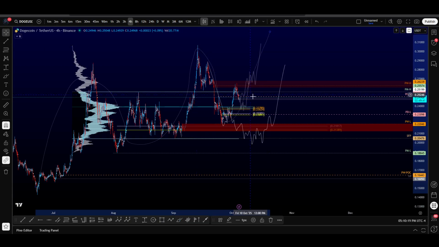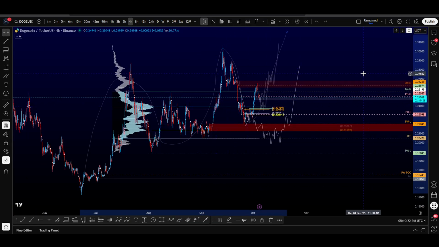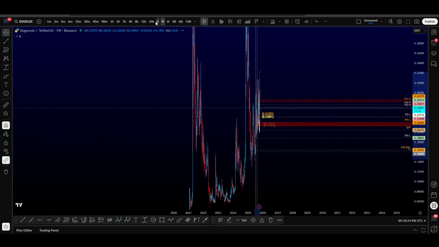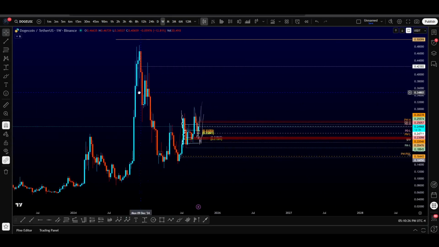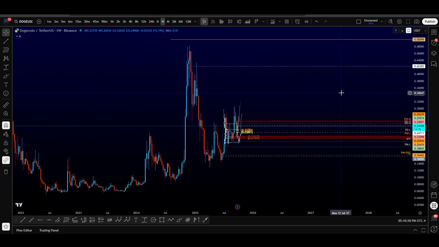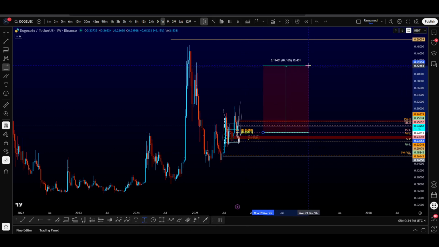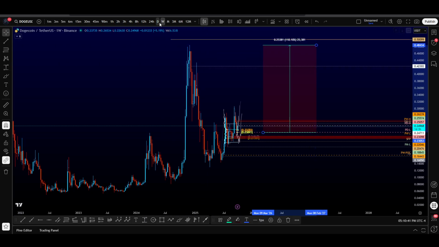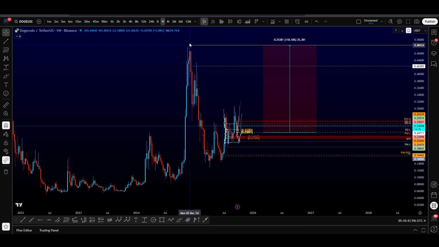So I would not be surprised if this level holds and we just end up targeting higher resistance levels. And for Dogecoin, that's really sitting at here, right, around 42 cents, which means from where I'd like, that's an 80 to 85% move to the upside, or possibly 110% move to the upside, right? So very, very bullish in my opinion.